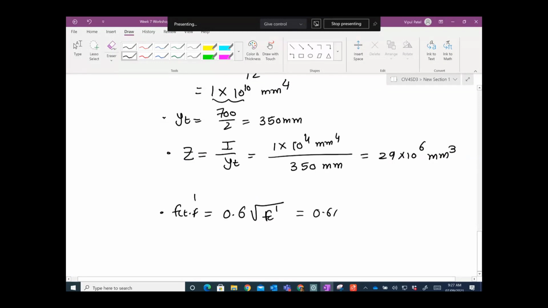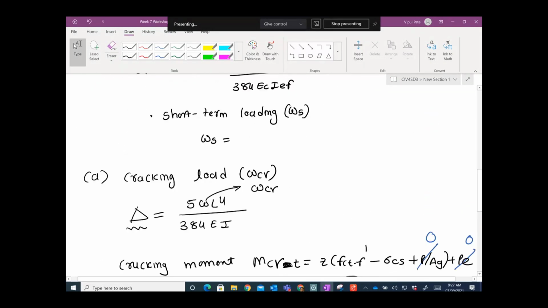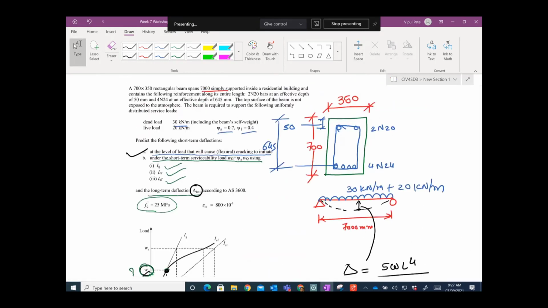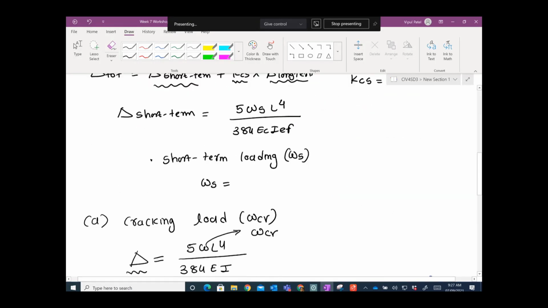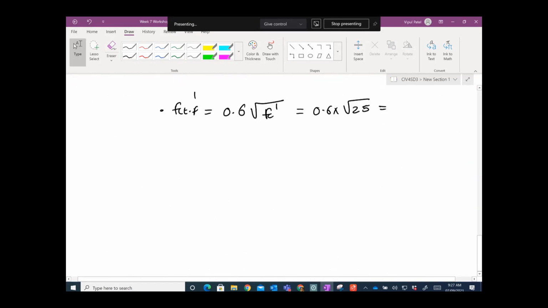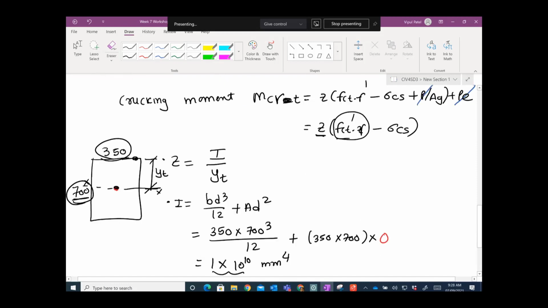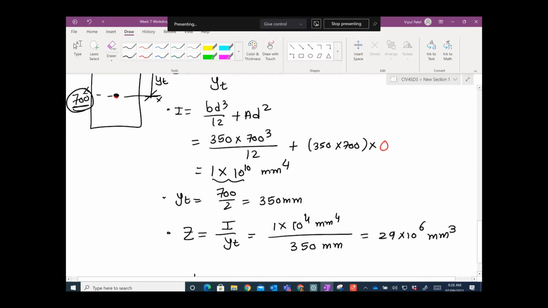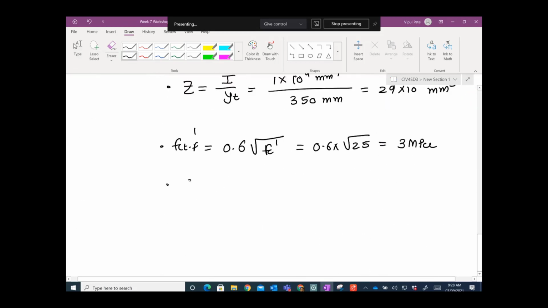So 0.6 times square root 25, because you have 25 megapascals given in your example, which is the concrete compressive strength. Now this value you get 3 megapascals. f'ct.f we found. Next is sigma CS, which we are going to calculate. The equation for sigma CS, I can show it to you here.